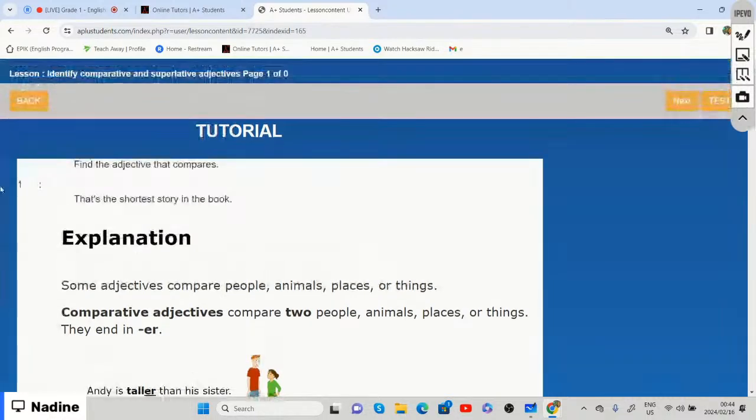And if we look at the sentence, it says, that's the shortest story in the book.